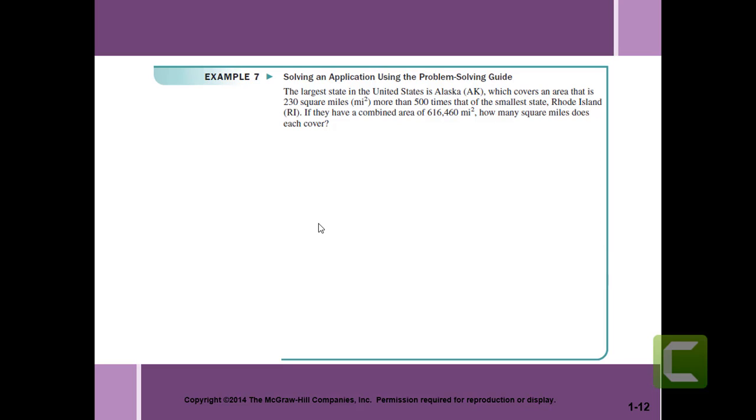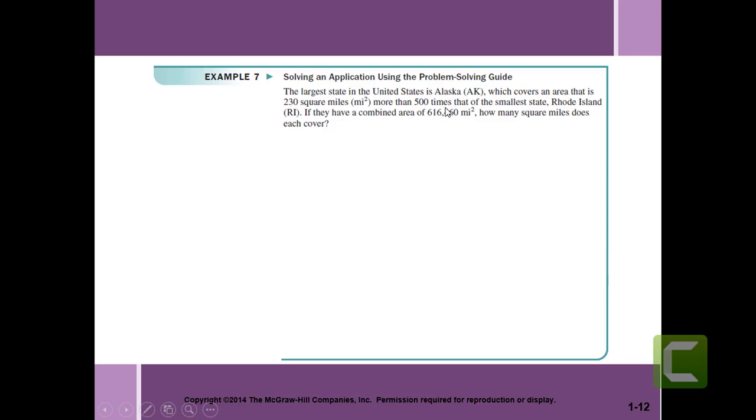So let's understand this. That means that if I take the area of Rhode Island, whatever that is, and multiply it by 500, so 500 times the area of Rhode Island, that's what this part of the sentence says.